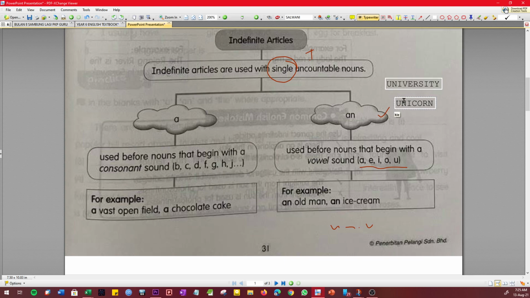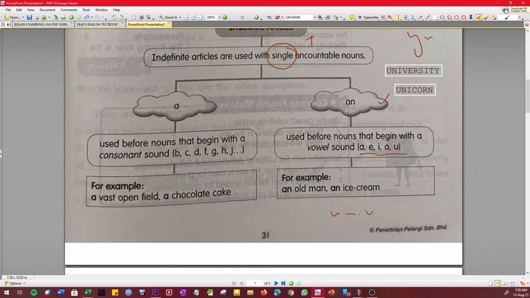It's not U. It sounds like Y, U. Like that. University. Although it is spelled like this, when we pronounce it, the U sounds like YU, right?